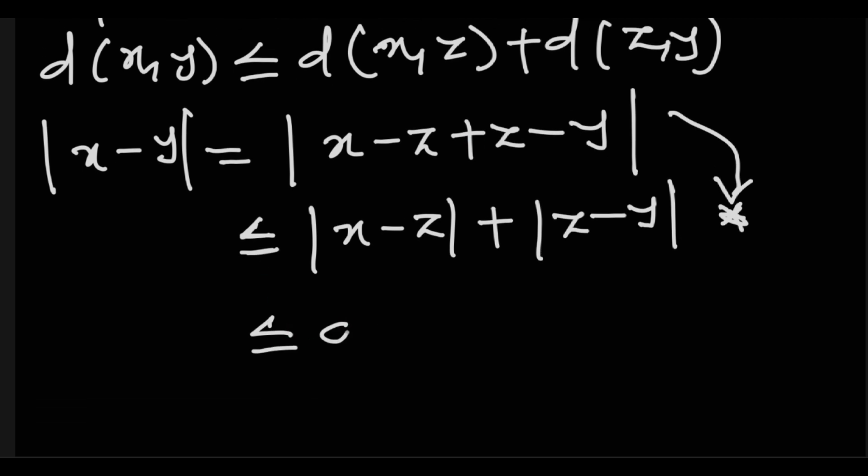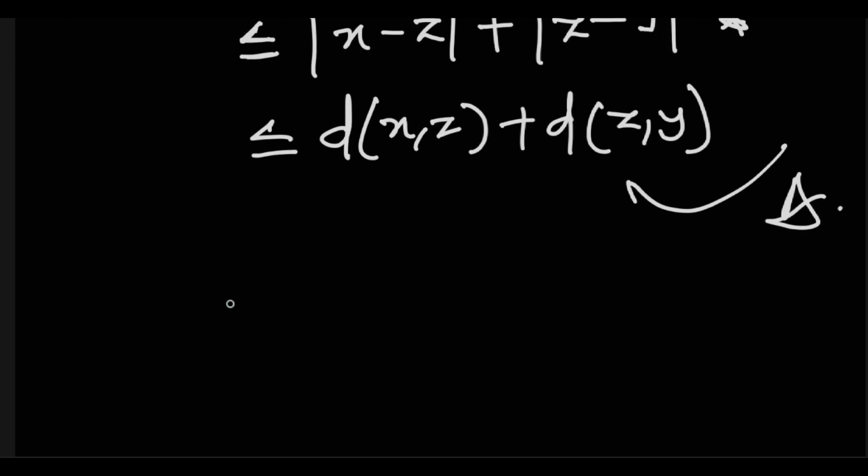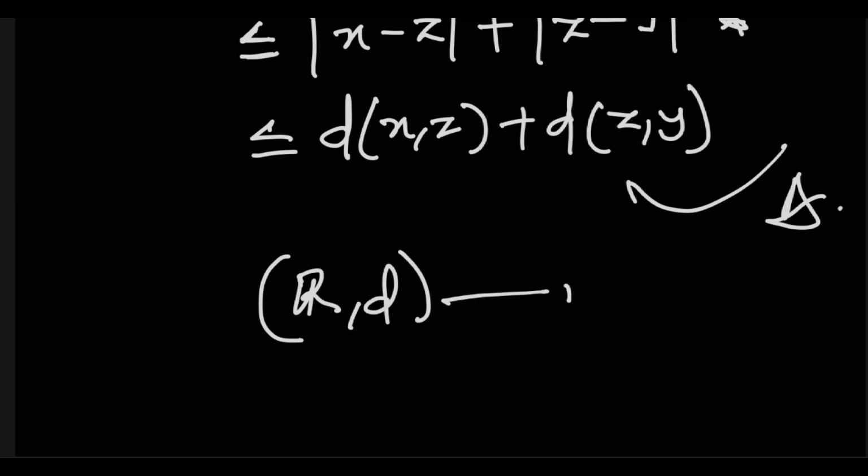This is the definition for the distance from x to z, and this is the definition for the distance from z to y. So all four axioms have been satisfied. This implies that D is a metric, where D is the usual metric.